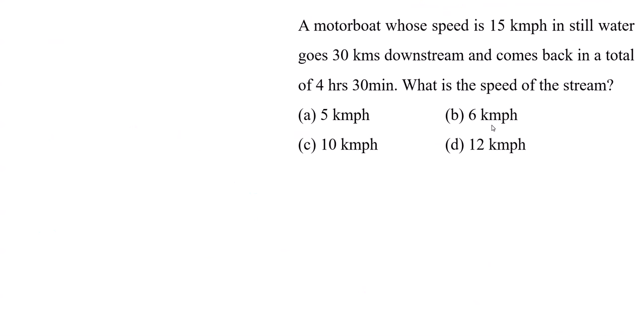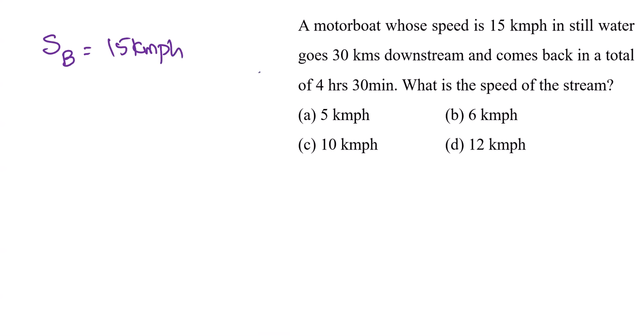Now this is a boats and streams related question. A motorboat whose speed is 15 kilometers per hour in still water. So the speed of the boat is 15 kilometers per hour.